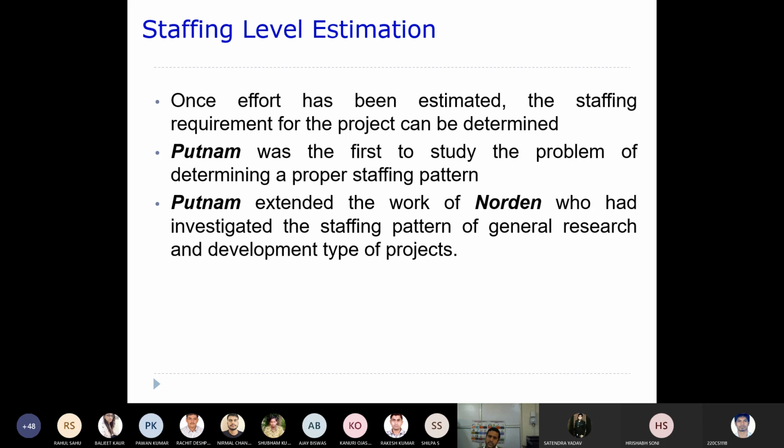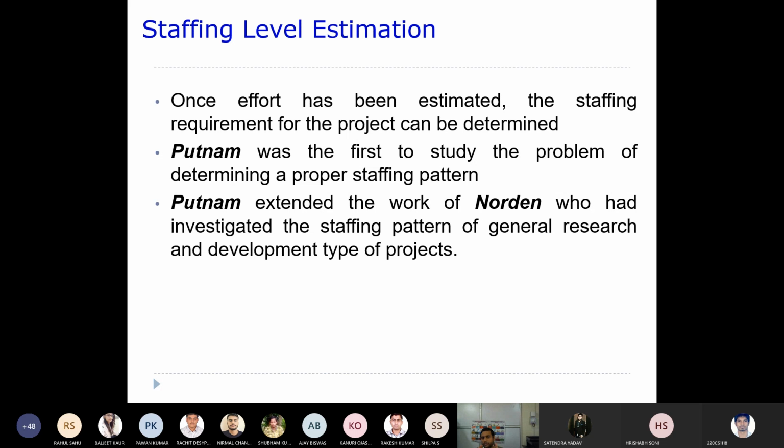Putnam extended the work of Norden, who had investigated the staffing pattern of general R&D type of projects. Putnam was the first to study this problem for software projects.